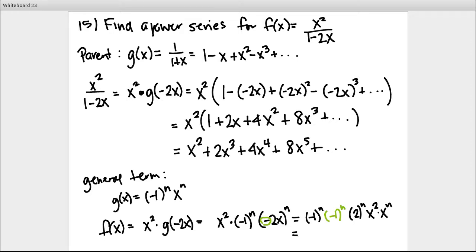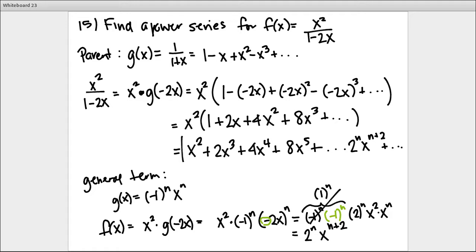And so these two will end up being a positive 1 to the nth power, so we can just ignore it and not include it. But I'll keep the 2 to the n, and then keeping the base out and combining the exponents makes your general term 2 to the n times x to the n plus 2. So there's your general term that you must include.